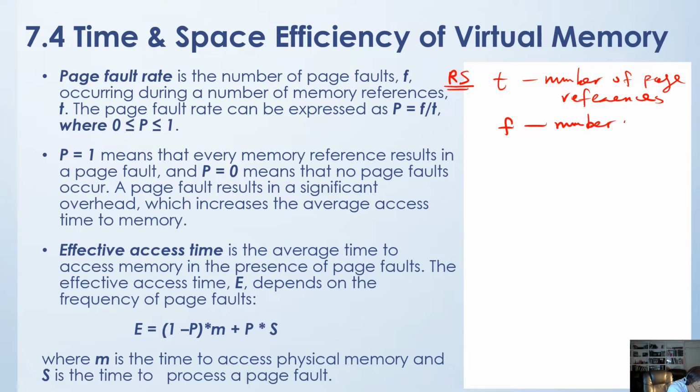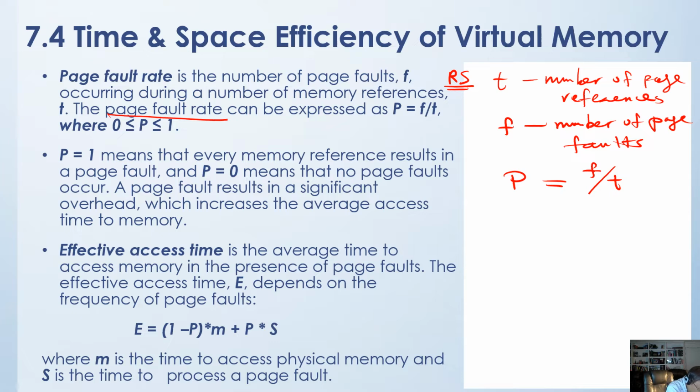So F is the number of page faults during this time period. Now we define the page fault rate as P, which is F divided by T.